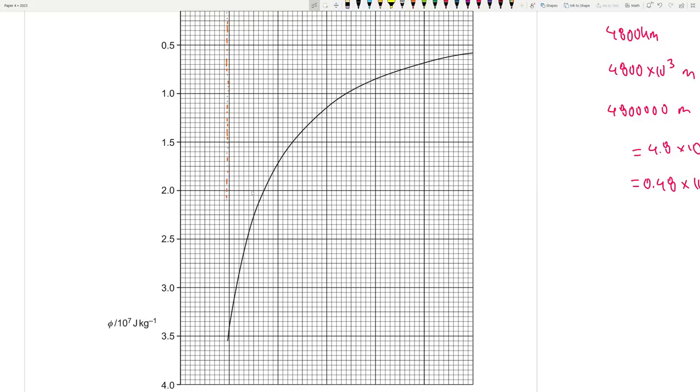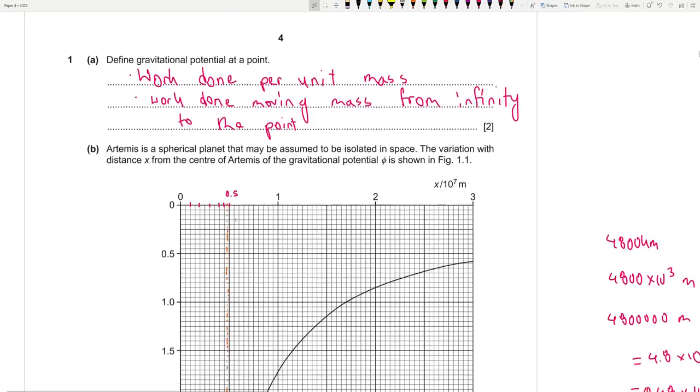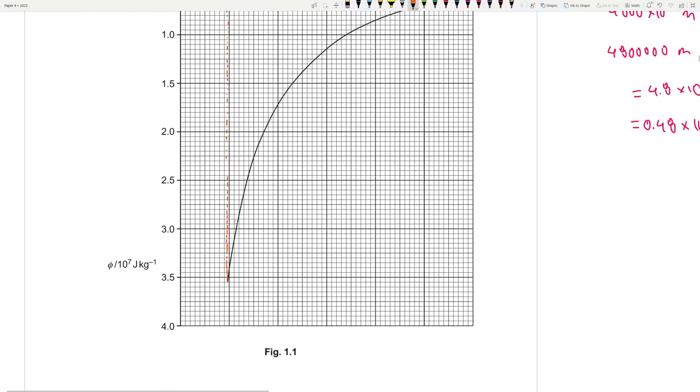If you match the value, you are going to get this particular value. This is the value of the surface. You could just match it with this, essentially.